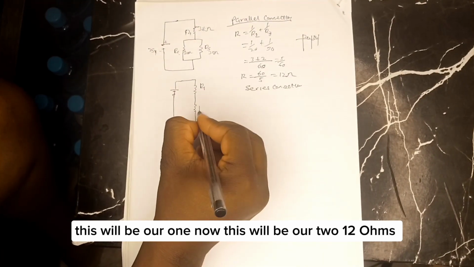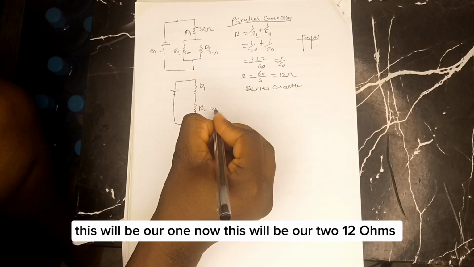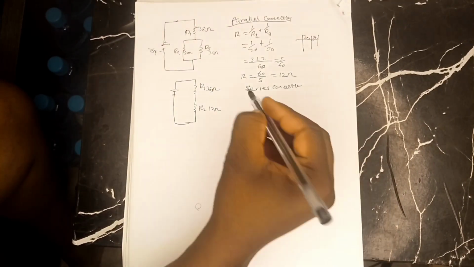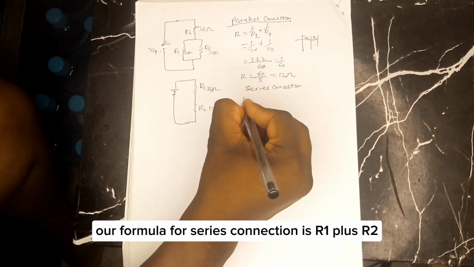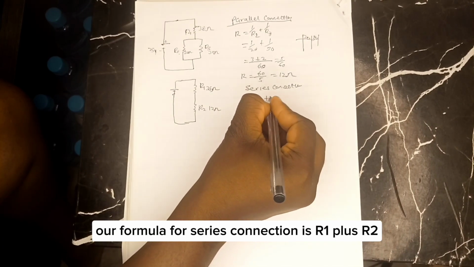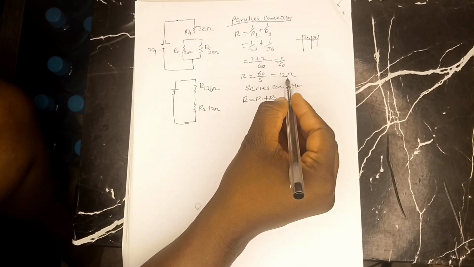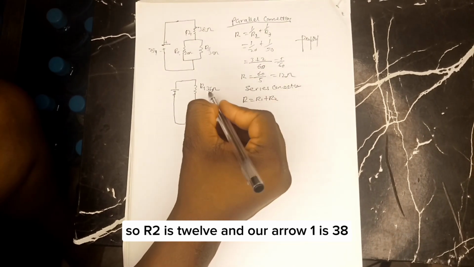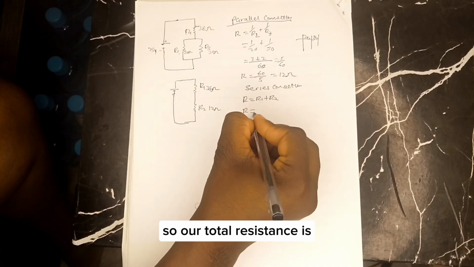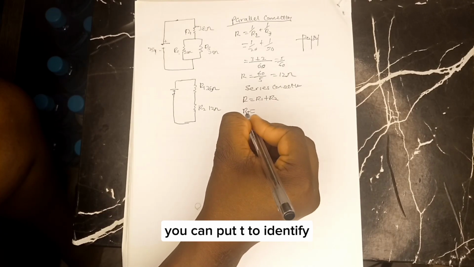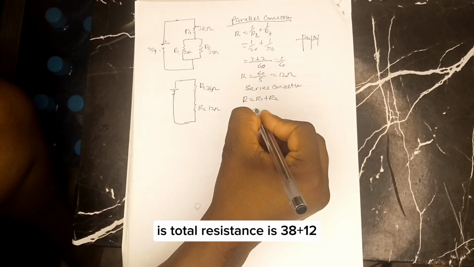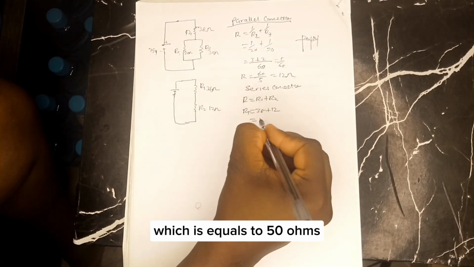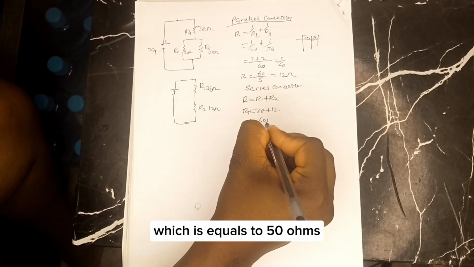Now this will be R2, 12 ohms. 38 ohms. Remember, our formula for series connection is R1 plus R2. So our R2 is 12 and our R1 is 38. So our total resistance is, you can put T to identify it's total resistance, 38 plus 12, which is equals to 50 ohms.